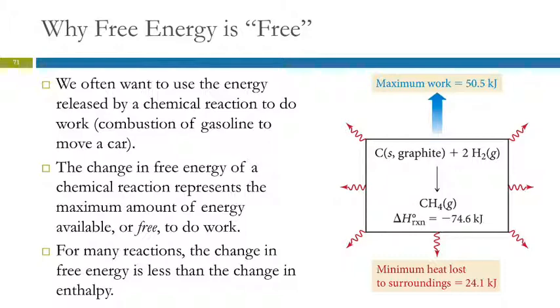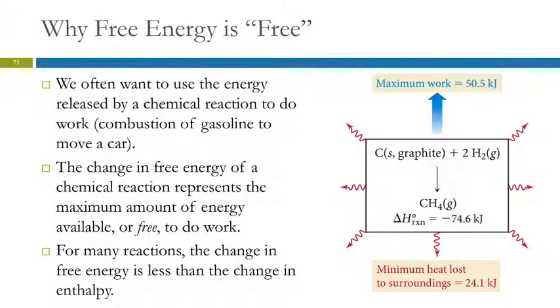And many times that change in free energy is less than the change in enthalpy. The reaction may also be releasing energy to the surroundings, but not all of that energy is available to do work. So in this illustration here, we've got solid carbon in the graphite form reacting with hydrogen to form methane, and that's an exothermic reaction.